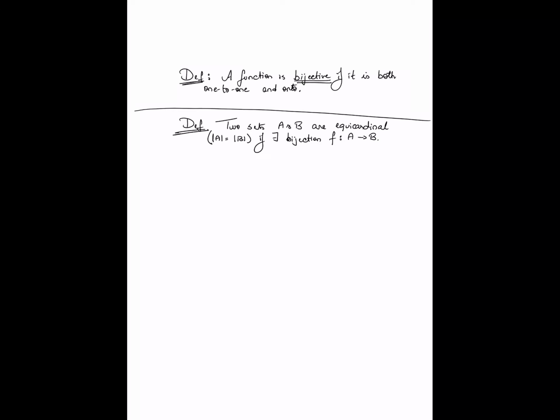And remember, you can note that equicardinality is a symmetric notion, and this comes from the fact that if there is a bijection from A to B, there is also clearly a bijection from B to A, right? That bijection would be called the inverse of the function f. Okay, so this is the first definition. Then we can also talk about what it means for one set to have a larger cardinality than the other.